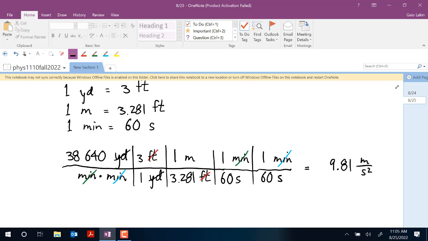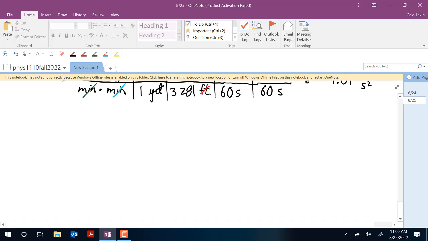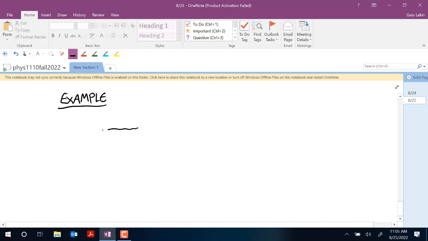Okay, let's do one more and then we'll call it a day. So let's say you have this big cube, the side lengths are 1 meter.